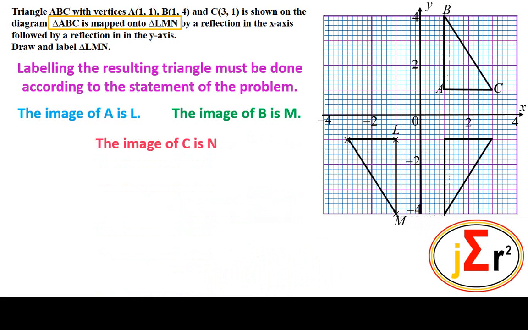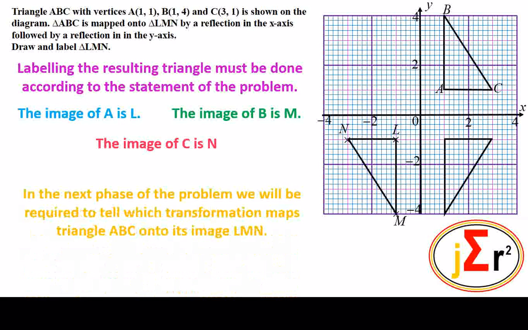The image of C is N. There we go. So we have to ensure that we just don't put LMN anywhere, but we put L as the image of A, M as the image of B, and N as the image of C.